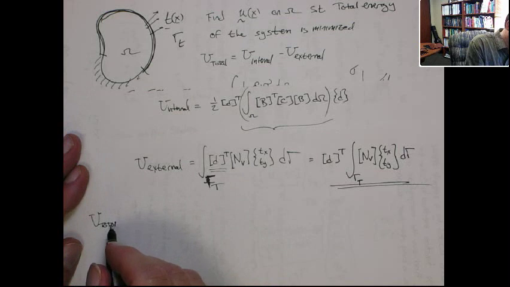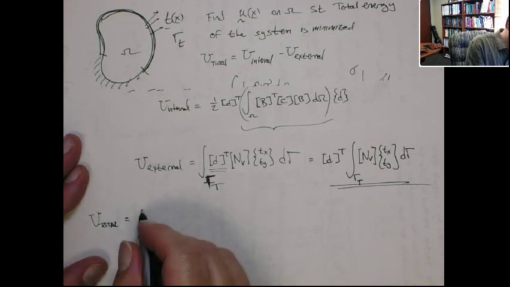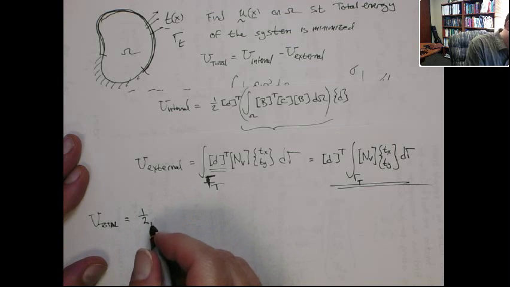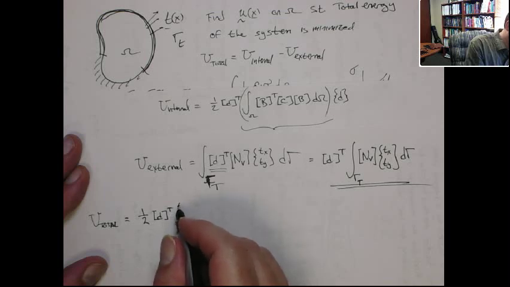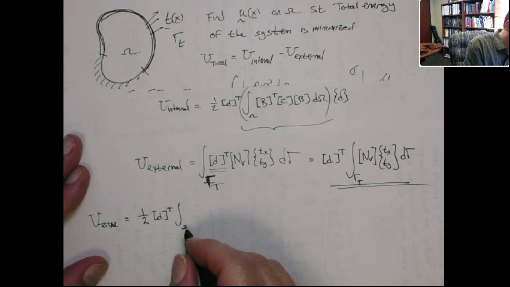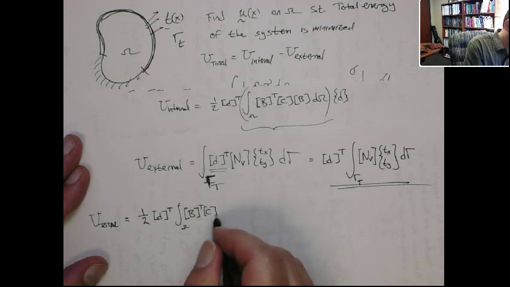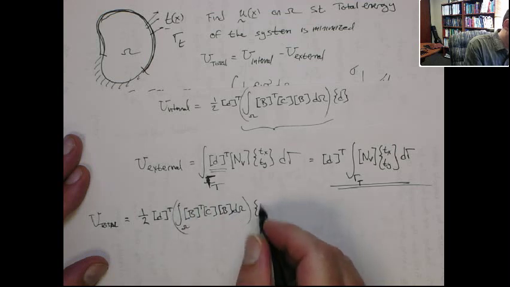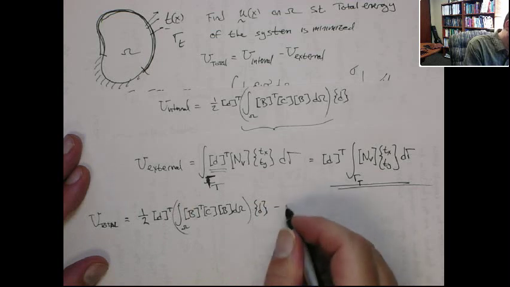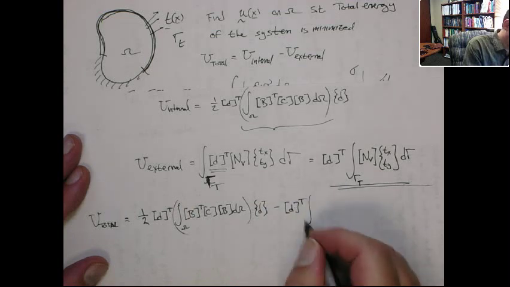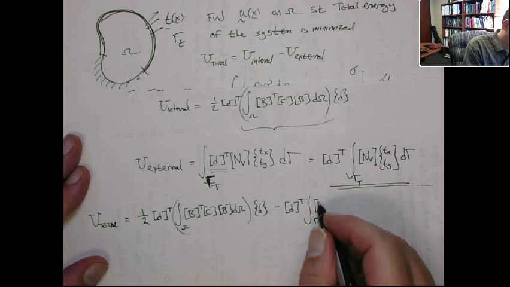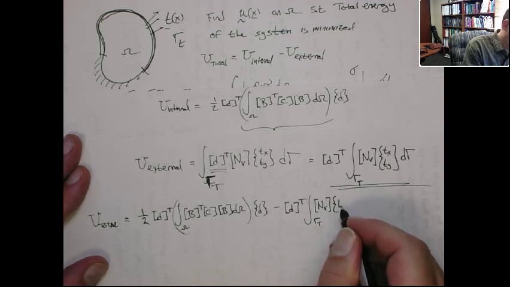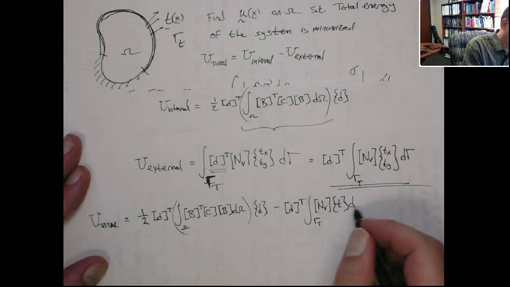U total, okay, the internal energy, 1/2 d transpose integral over omega B transpose C B d omega times the displacement vector, minus d transpose times the integral over the traction boundary of NV, and just call this T, that's the traction vector, d gamma.